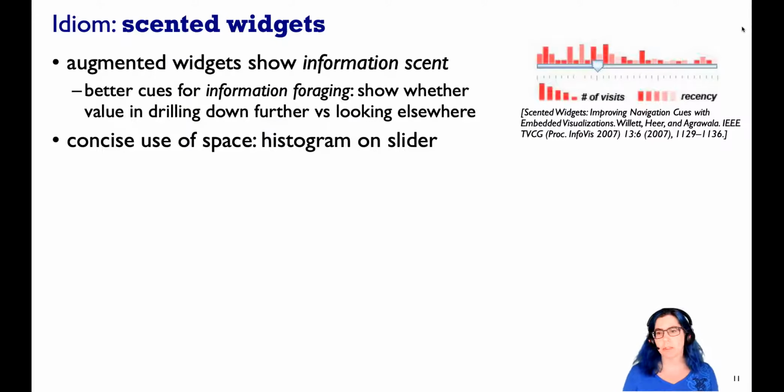So Wes Willett, Jeffrey Heer, and Maneesh Agrawala argued that we could do something in a similar vein where, instead of just thinking about a control as only being for interaction, we could combine it with a preview of the distribution of the attribute value that is controlled by that histogram.